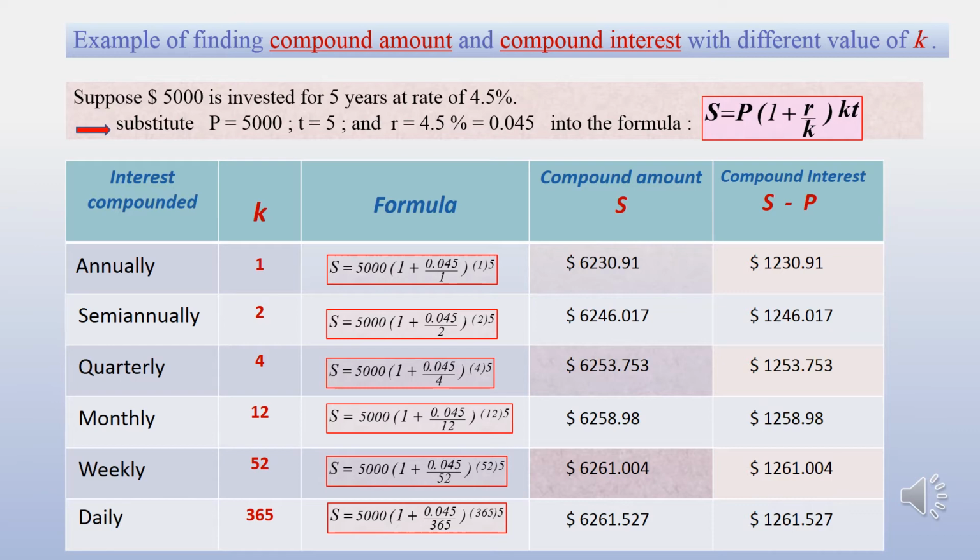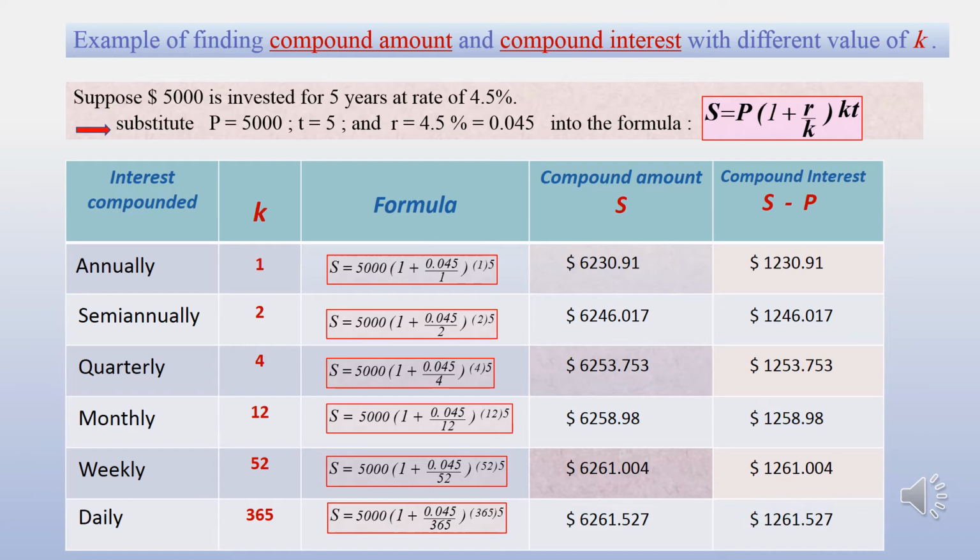Now, we substitute the values P equal to 5,000, T equal to 5, R equal to 0.045 into the formula S equal to P multiplied with (1 plus R over K) to the degree of KT.